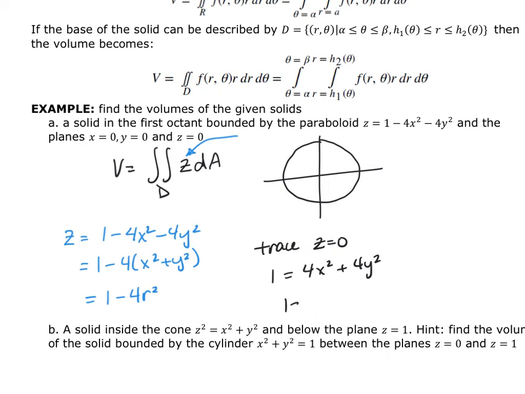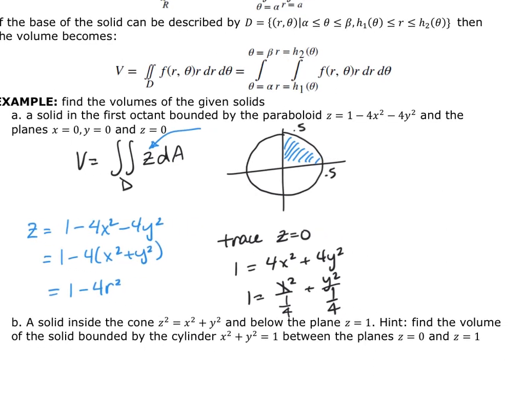That means 1 is equal to x squared over 1/4 plus y squared over 1/4, which is, of course, the circle centered at the origin whose radius is the square root of 1/4, which is 1/2. So this is 0.5, and this is 0.5. This is the region that I want, because I'm in the first octant.